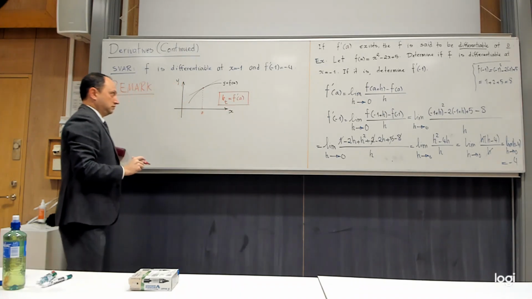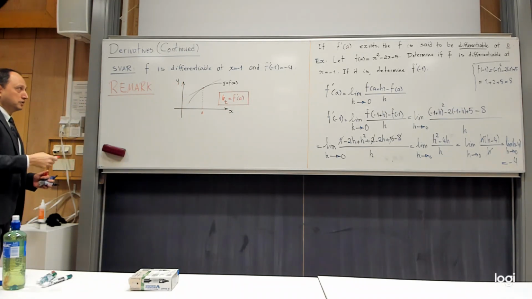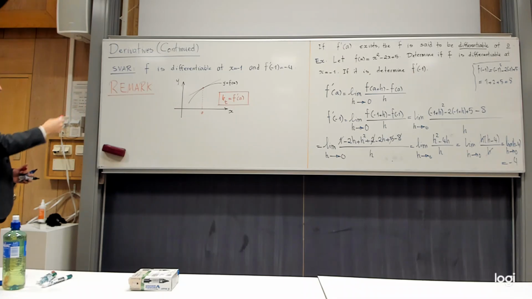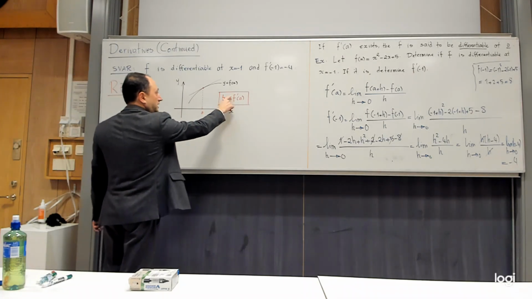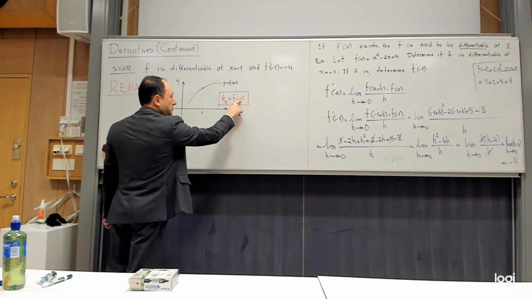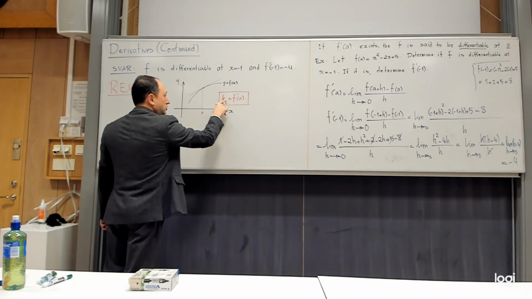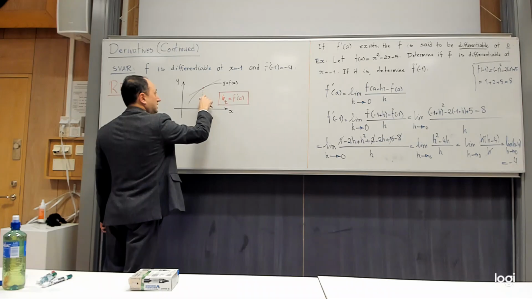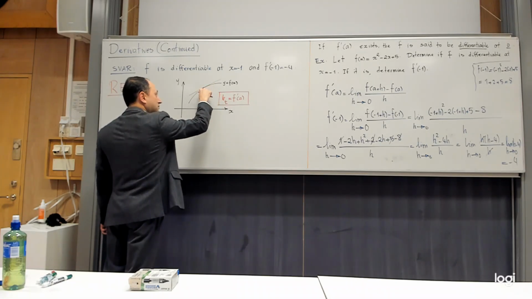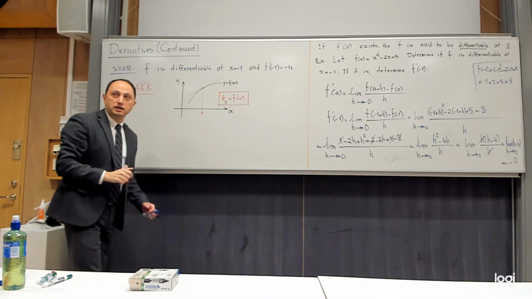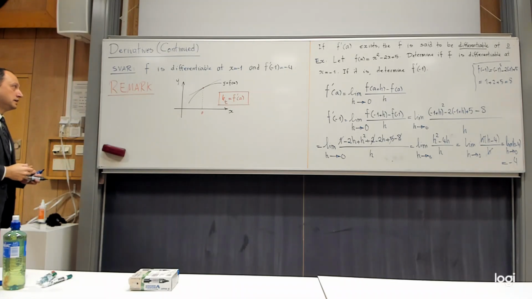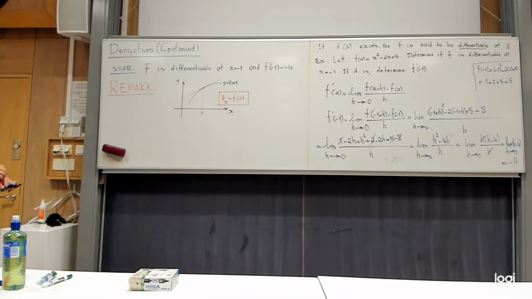I don't need you to be able to say it in words, but this should be the picture in the back of your head. So if you have a graph and I calculate f prime at a number, it gives me the slope of the tangent line on the graph at the point whose x-coordinate is a. I want you to remember this picture. That's extremely important, but of course simple.